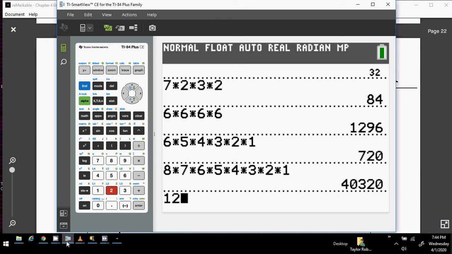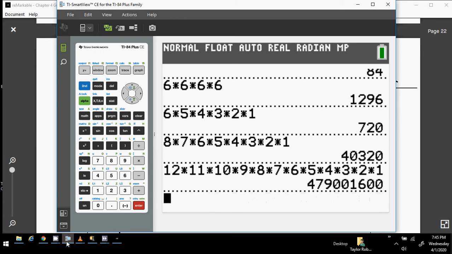Okay, so 12 times 11 times 10 times 9 times 8 times 7 times 6 times 5 times 4 times 3 times 2 times 1. Okay, so that's 479,001,600. That's crazy.